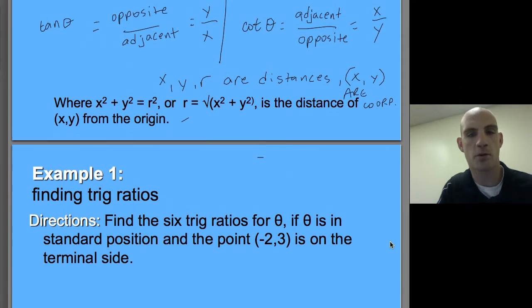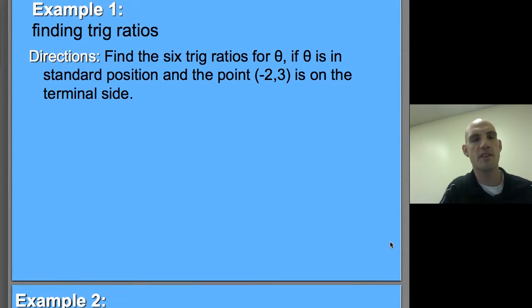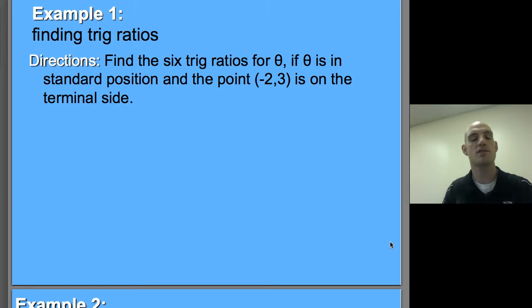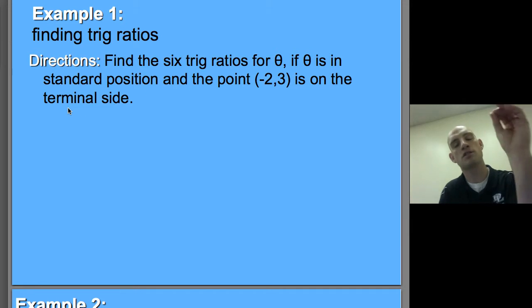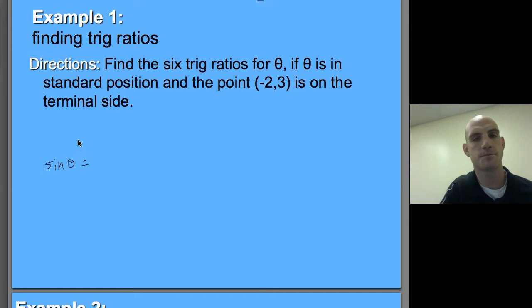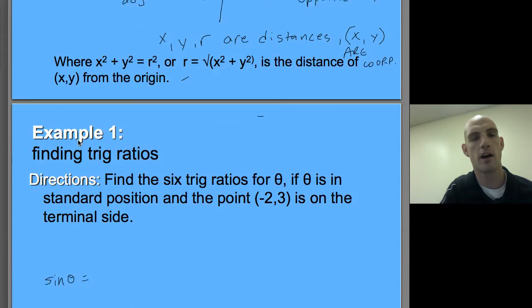And so let's look at example 1. It says find the 6 trig ratios for theta if theta is in standard position and the point -2, 3 is on the terminal side. Here's how I want you to lay this out. We know that we're going to need the 6 trig ratios. So if you look back in your notes, sine theta is y over r.